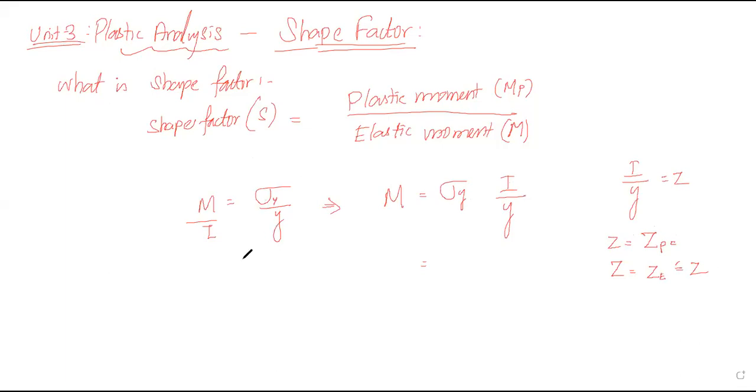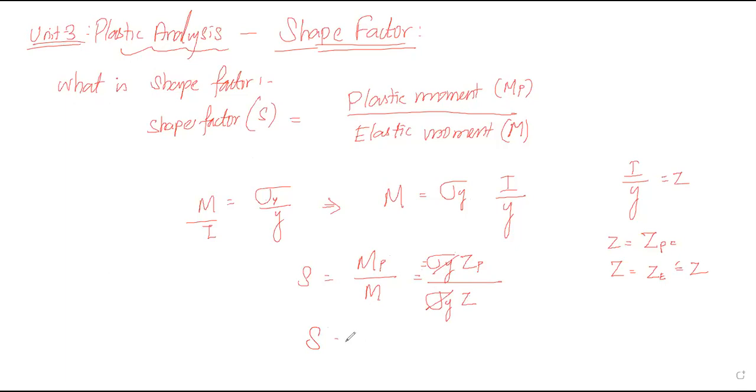Okay. So now, as per the statement, we are going to say S is equal to MP by M. So here, if it is plastic state, then our formula changes to sigma Y into ZP. Okay. Similarly, here M is equal to sigma Y into Z. So sigma Y gets cancelled.